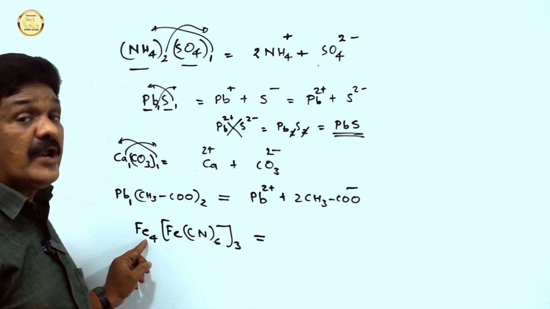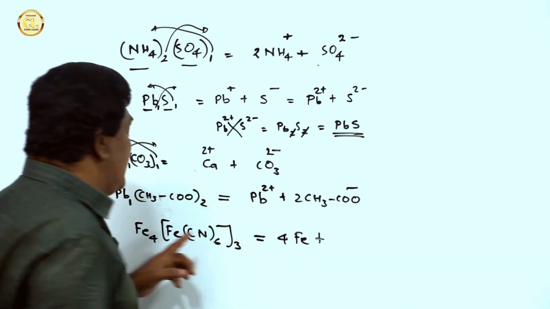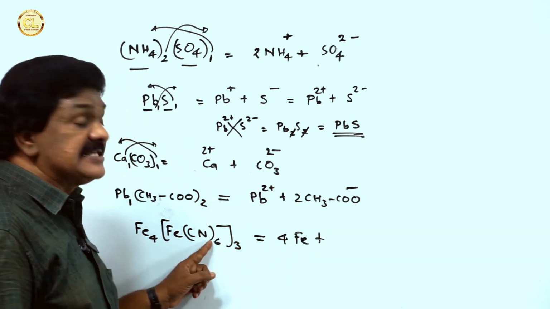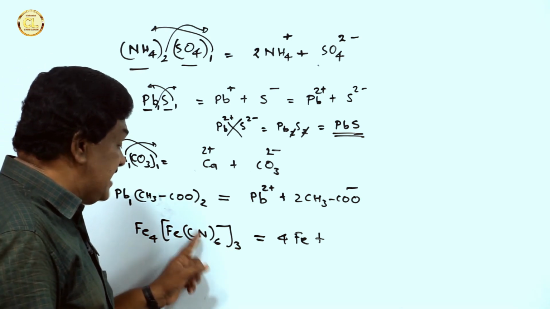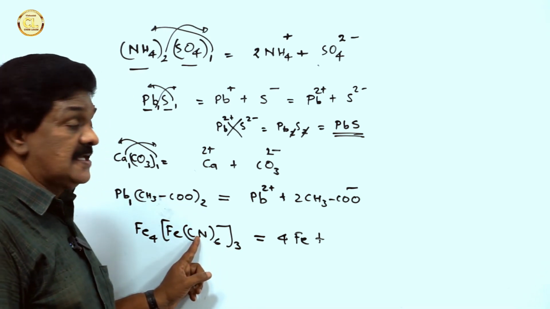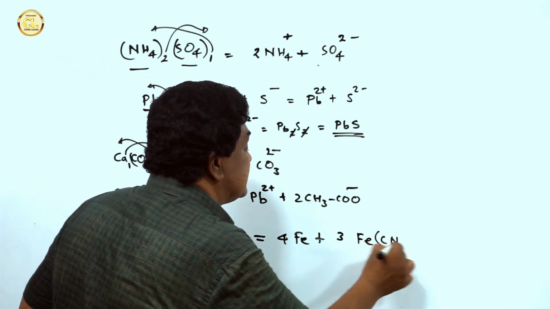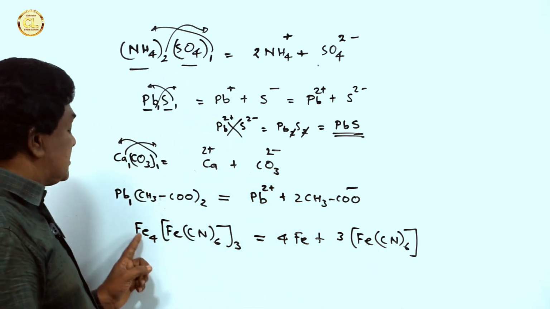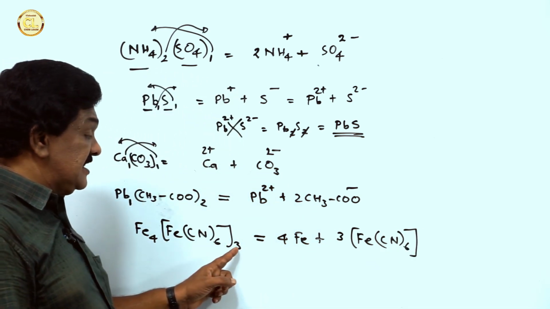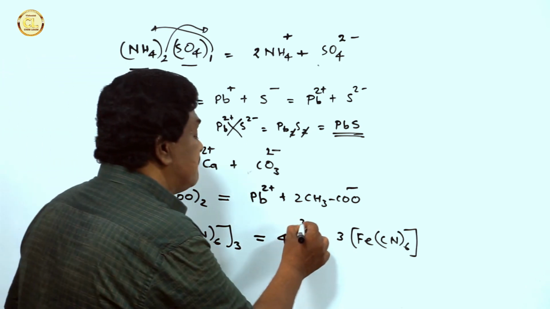See, there are 4 Fe, plus there are 3 Fe(CN)6 units. Now, what is the charge of Fe? That must be the subscript of this unit, that is 3. So that is 3 plus.